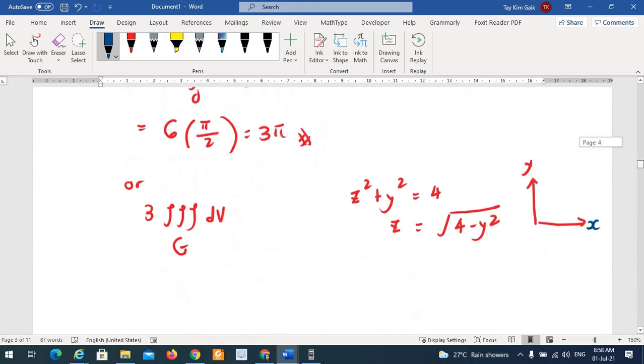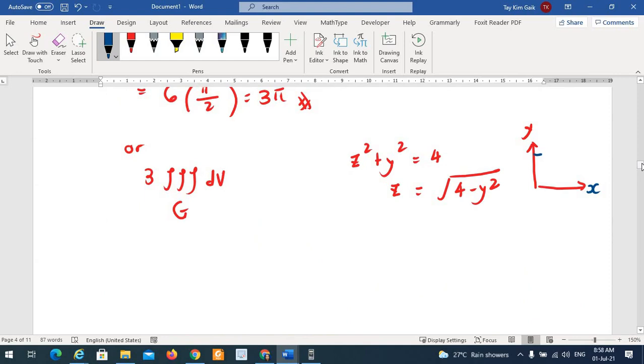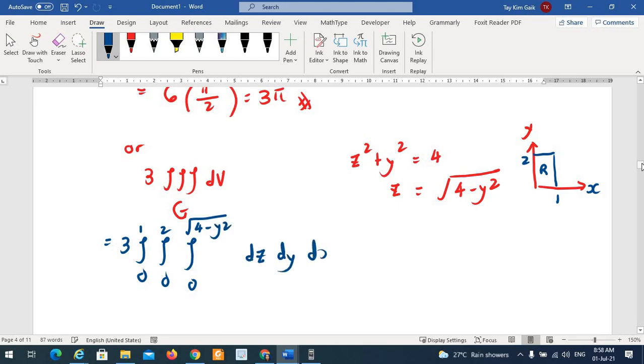So it's a rectangular region. This is 1, this is 2, this is region R. Then x from 0 to 1, y from 0 to 2, z from 0 to the square root of 4 minus y squared, dz dy dx.